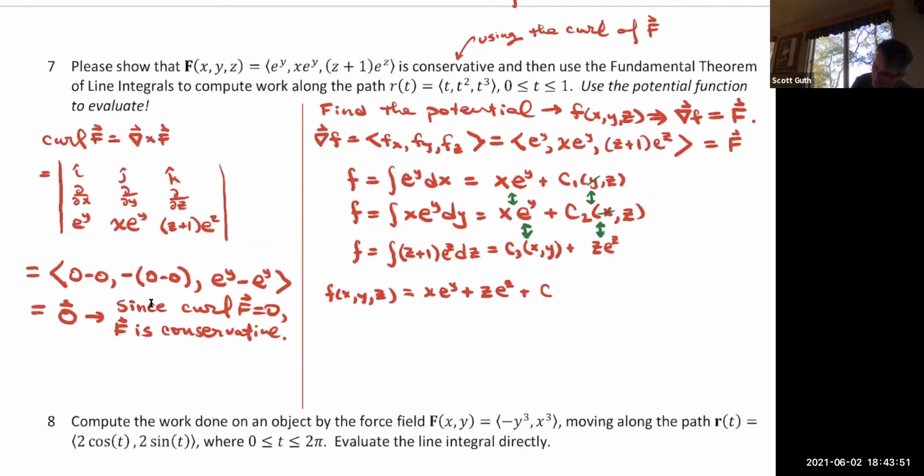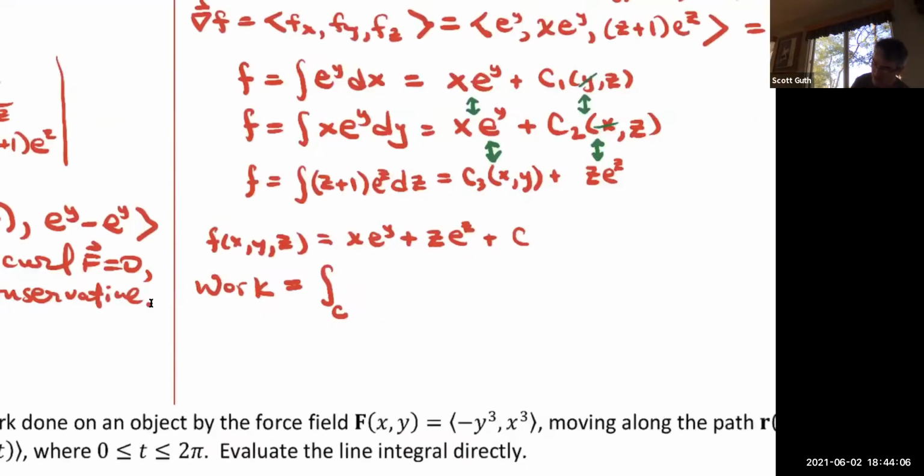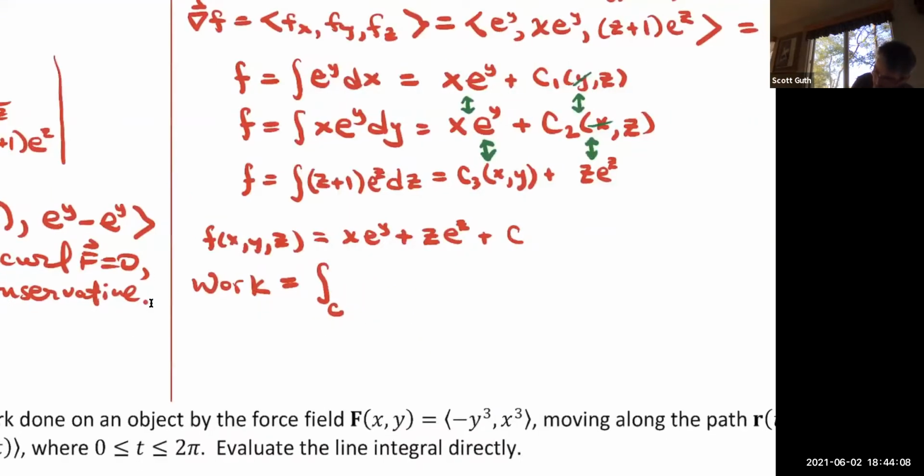Okay, so then they're asking that we compute the work along a path. So work along curve C is a line integral. This is not a closed path. And we just do the field dotted with the displacement differential like this. The fundamental theorem of line integrals says you can just do this as f of r at b.